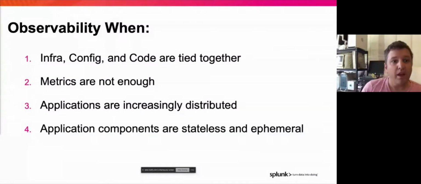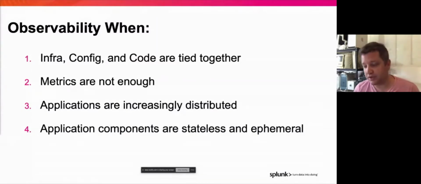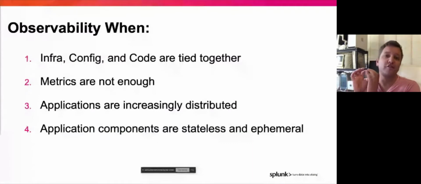As your infrastructure becomes more distributed, and when we say distributed, it's not just distributed in terms of number, it's distributed in terms of variety as well. So you have different stacks for different services. And as I said already, the components are immutable, stateless, ephemeral. They are short-lived. They may only be there for 5 minutes.